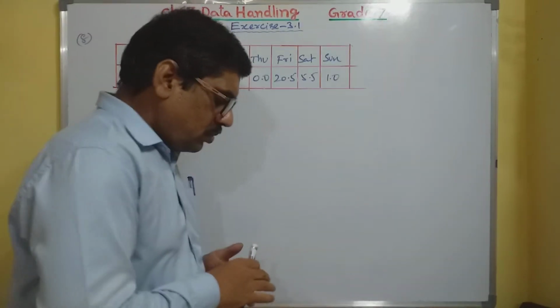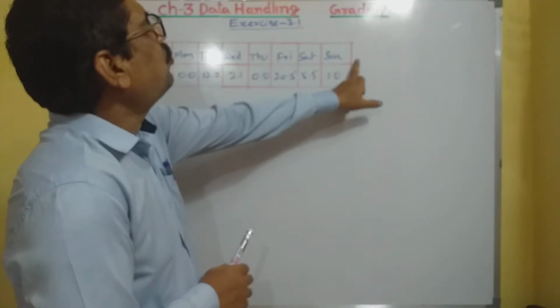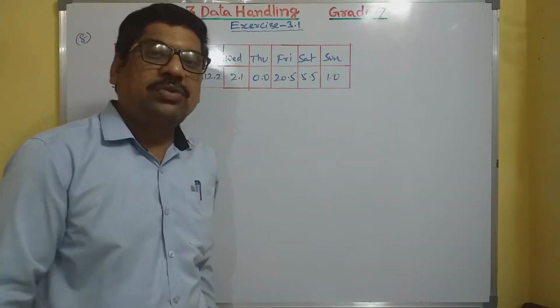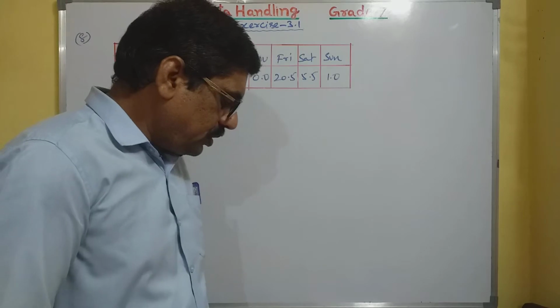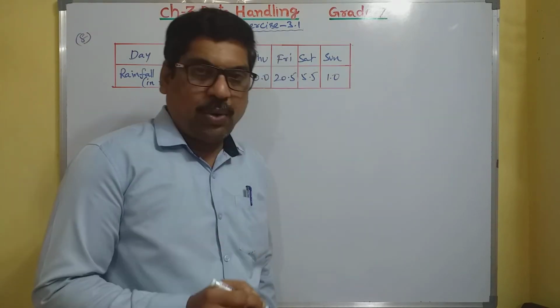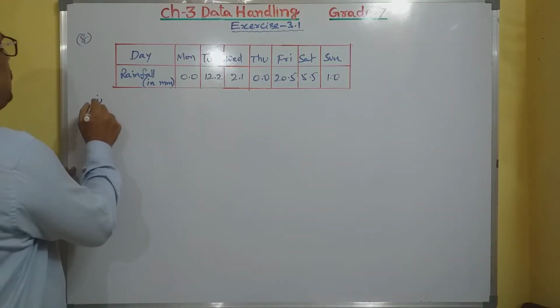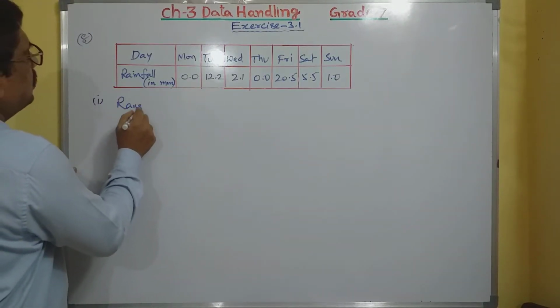Now, by observing this data in tabular form, we have to answer the questions given below. The first question: find the range of the rainfall in the above data. So, what is the first question? We need to find the range.